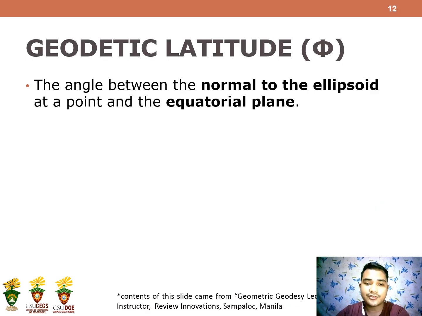Alright, so the first latitude to discuss is the geodetic latitude. Again, class, this is very important in this topic, to be able to recognize who they are. And one way to know the different kinds of latitude is through their Greek letters, or their denotations. When you see the geodetic latitude, this is its denotation, or it can also be written this way, depending on your preference. But whenever this Greek letter is used, it means geodetic latitude.